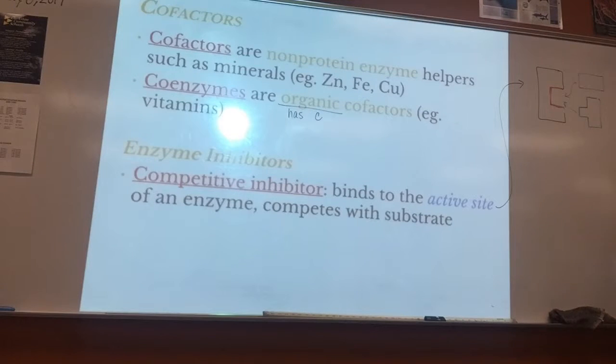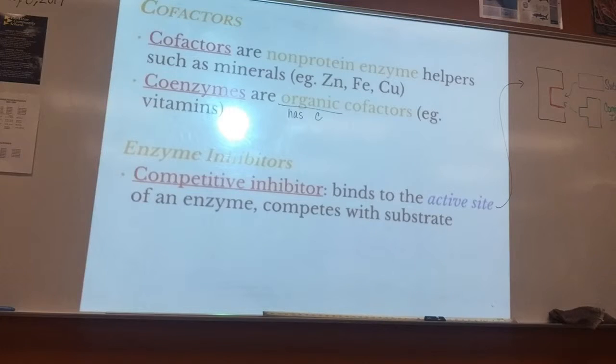Let's say this is the substrate, and this is the competitive inhibitor. They can both go to the active site, and depending upon which one gets there first, the reaction may or may not occur.